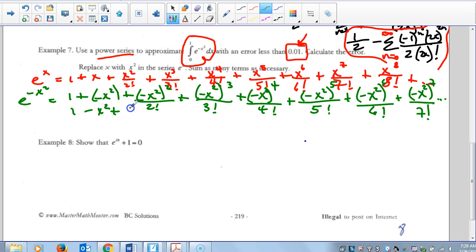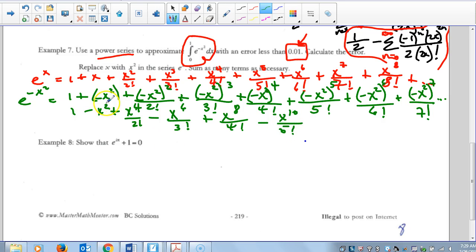This will be plus x to the 6th over 2 factorial minus x to the, that would often be 4, right? 2 times 2 is usually 4. This is x to the 6th over 3 factorial. Notice the sign is negative because I'm raising it to a 3rd power. This guy will be positive, x to the 8th over 4 factorial minus x to the 10th over 5 factorial.